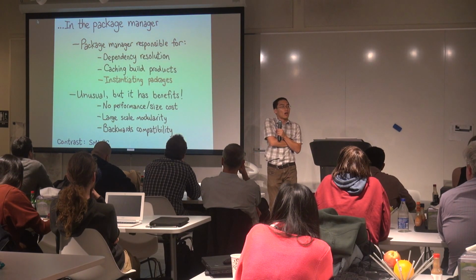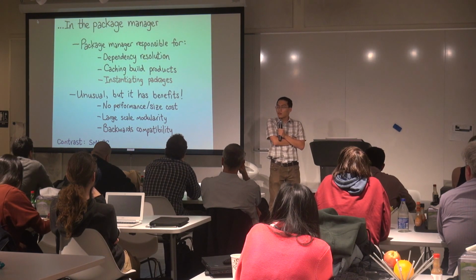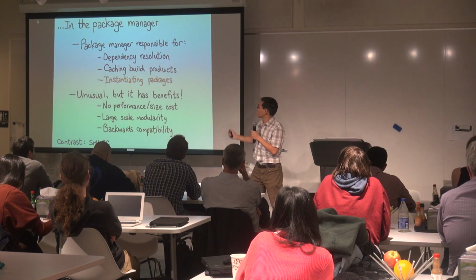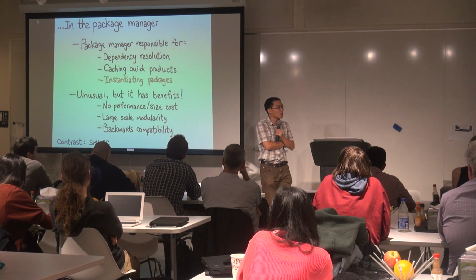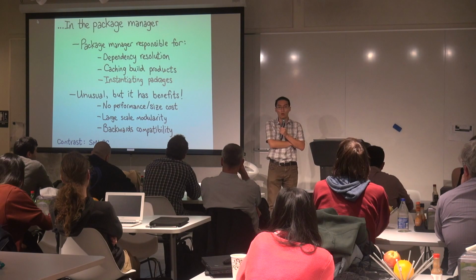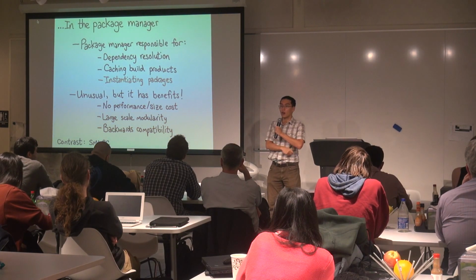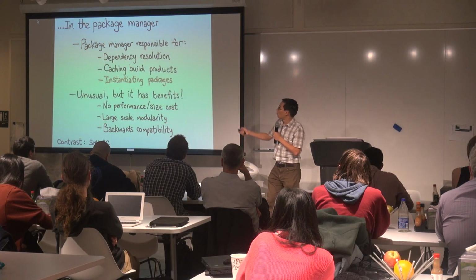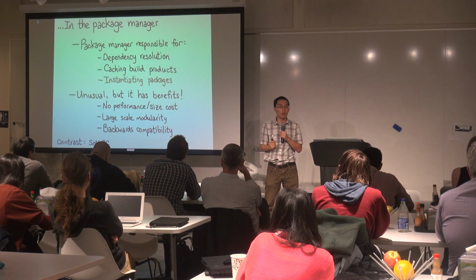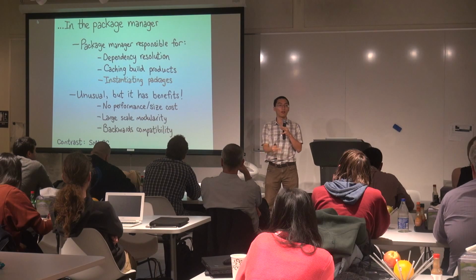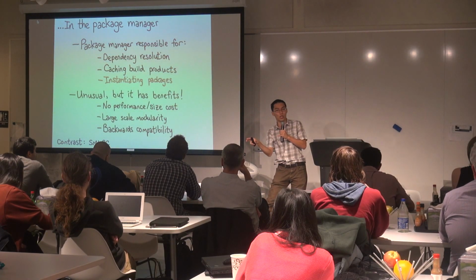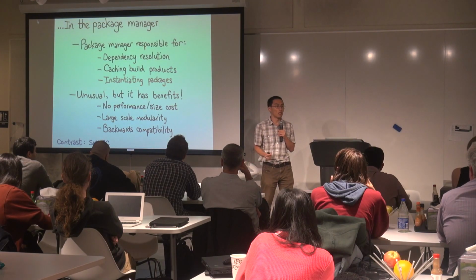The reason we want to do this module system at the package level is because the package manager already does many of the things that we want from our module system, our ability to parameterize code. For example, when we run the package manager, it's responsible for making sure that if two packages depend on the same package, I only compile that package once, and I don't duplicate the code in those cases.